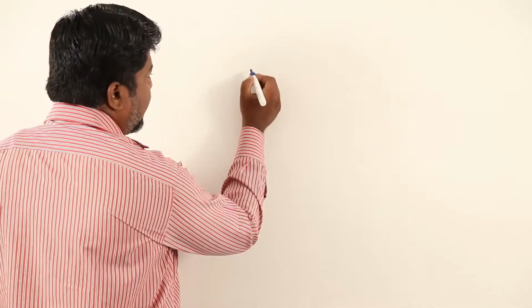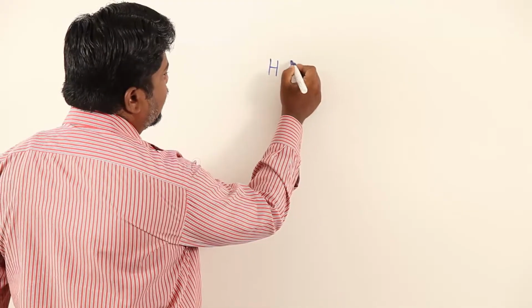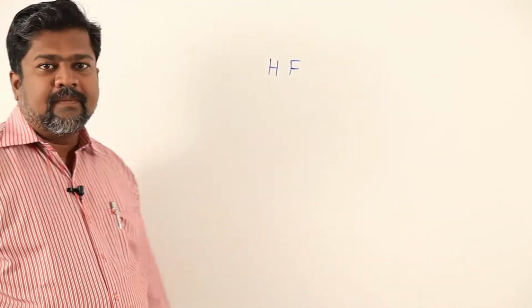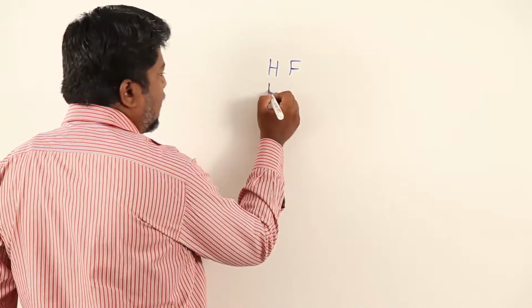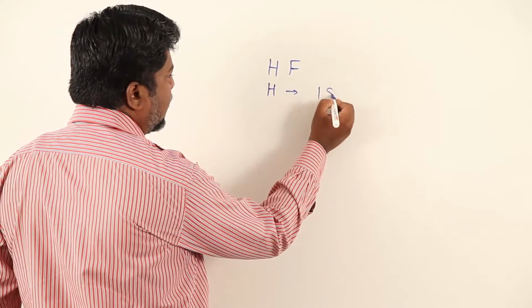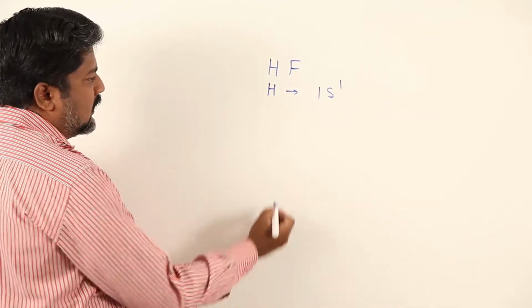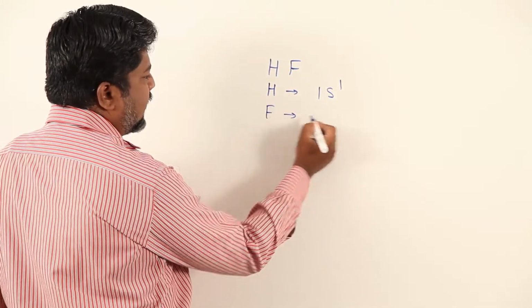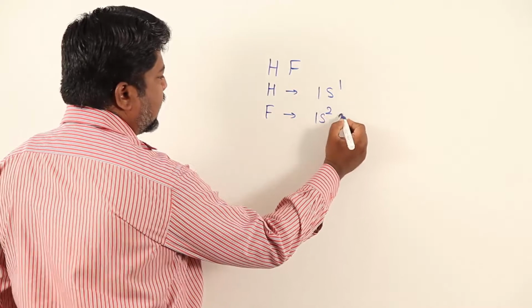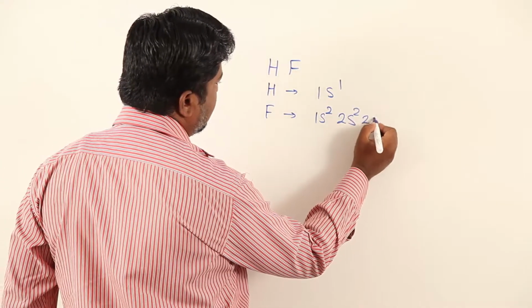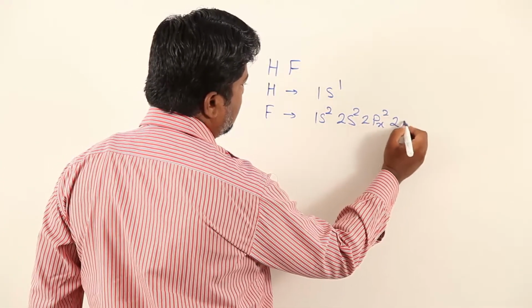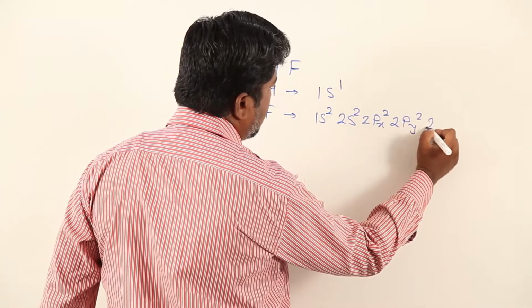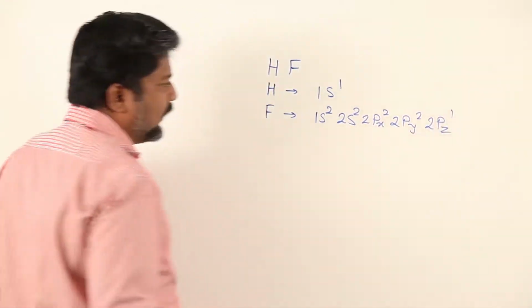Let me explain clearly. Say, for example, we are discussing the molecule HF, hydrogen fluoride. Here hydrogen has electronic configuration 1s1, whereas fluorine has 1s2, 2s2, 2px2, 2py2, 2pz1.